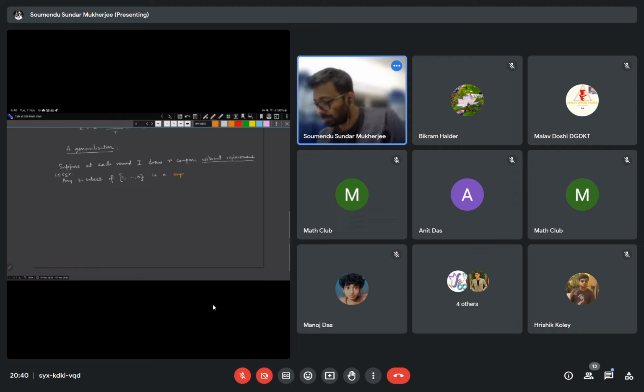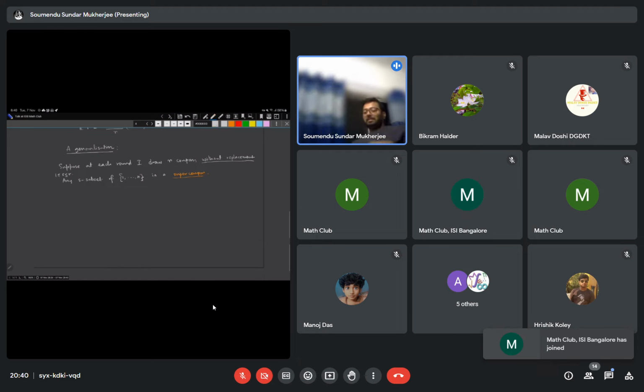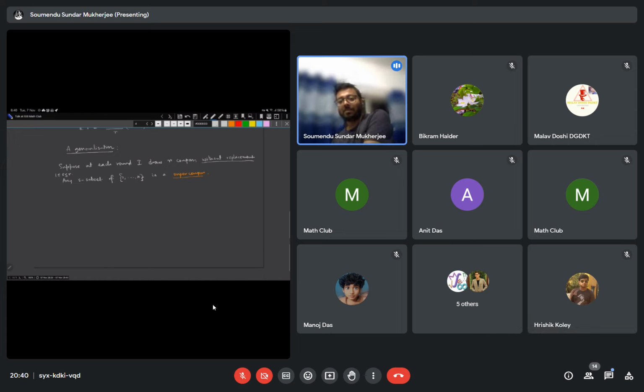At each round, I will be drawing R coupons without replacement, where R is bigger than or equal to S, and I will look at all the possible super coupons I have collected. I will mark those as collected. If I draw R coupons without replacement, there are R choose S subsets of size S, and I will mark all of them as collected.